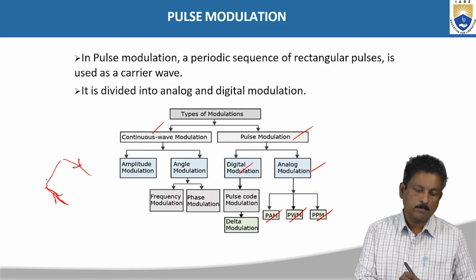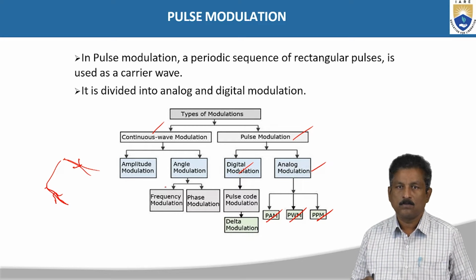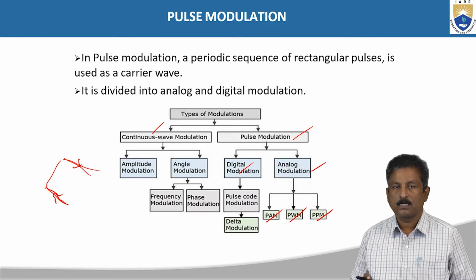This is the leading edge, from higher to lower value. This is the trailing edge, from higher to lower value. So we are going to consider any one of the edges. Based on the position of the edge, it may be the leading edge or the falling edge, it is varying according to the instantaneous value of the modulating signal. So that is called pulse position modulation.